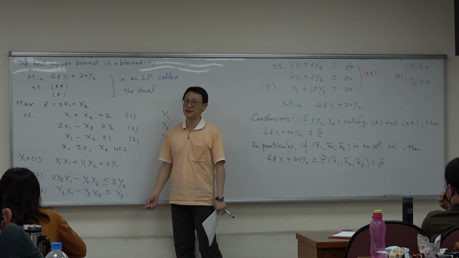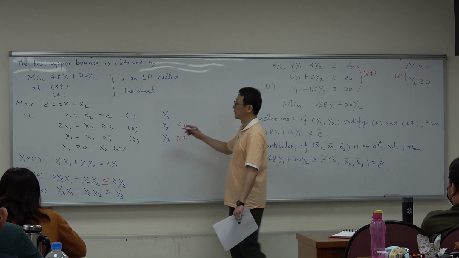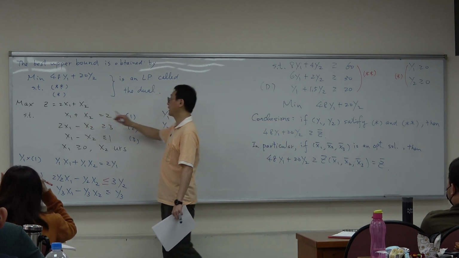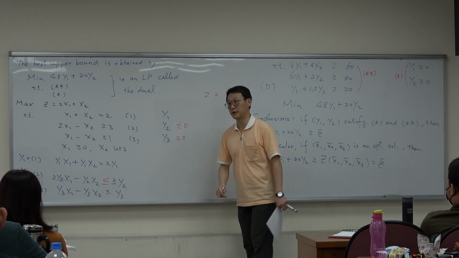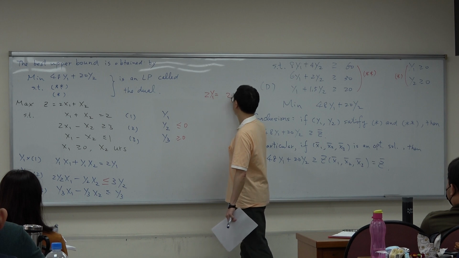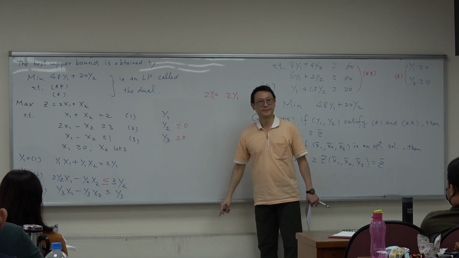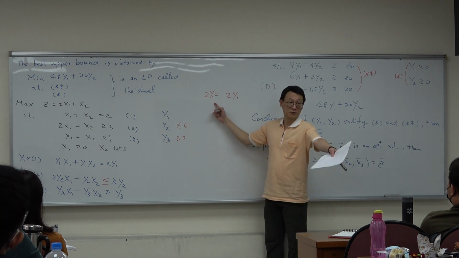Positive value? Are you sure? Think about it. Suppose the left side, x1 and x2, is equal to 2, right, and the right side too, and we multiply by y1. We can multiply by 0, yes.